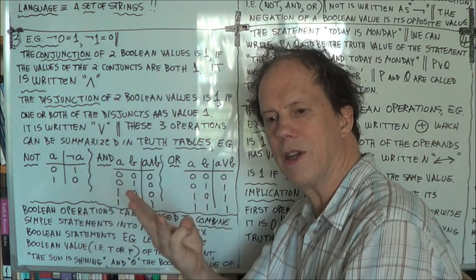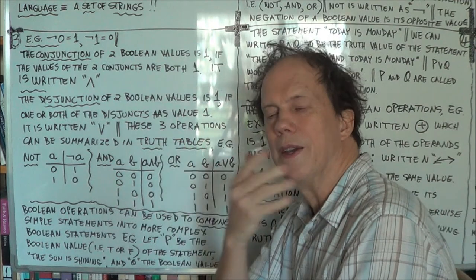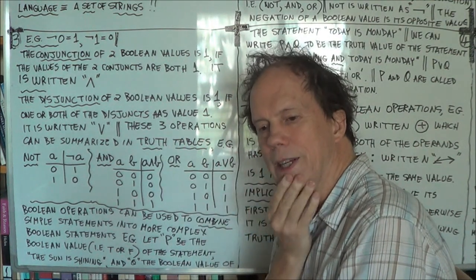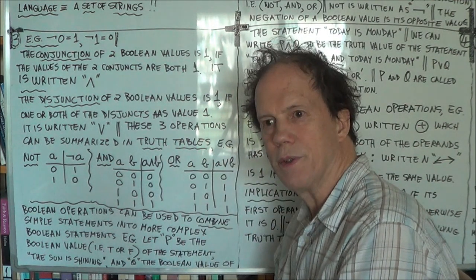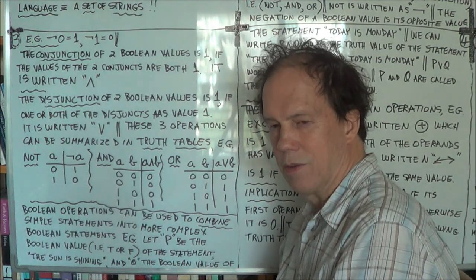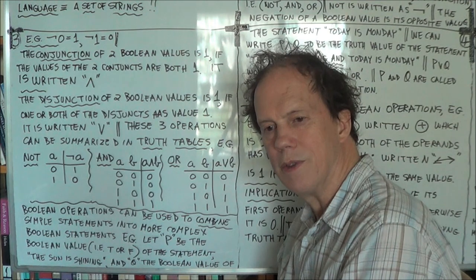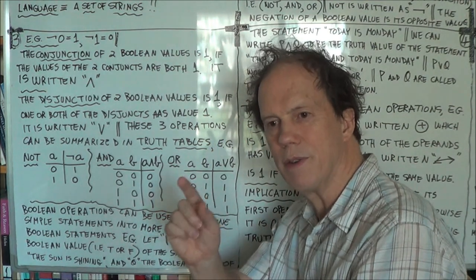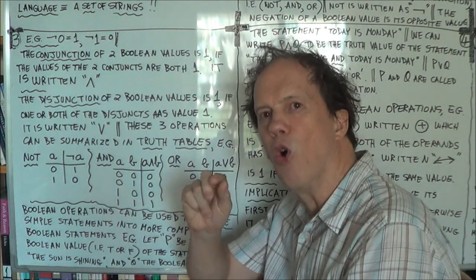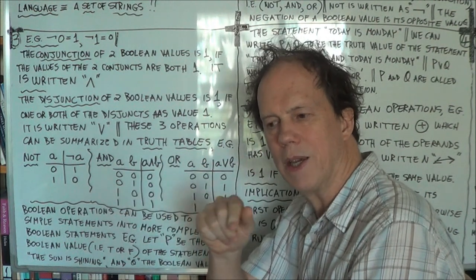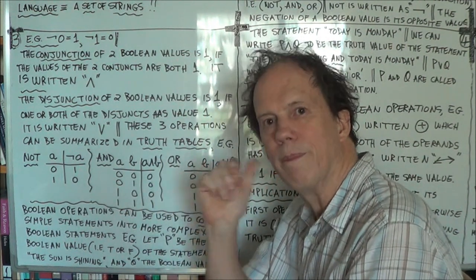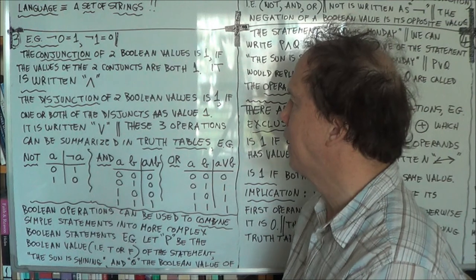So three of the 4 possible combinations of true and false values give you 1. And the only one that gives you 0 is when both are 0, that is the value of x or y.